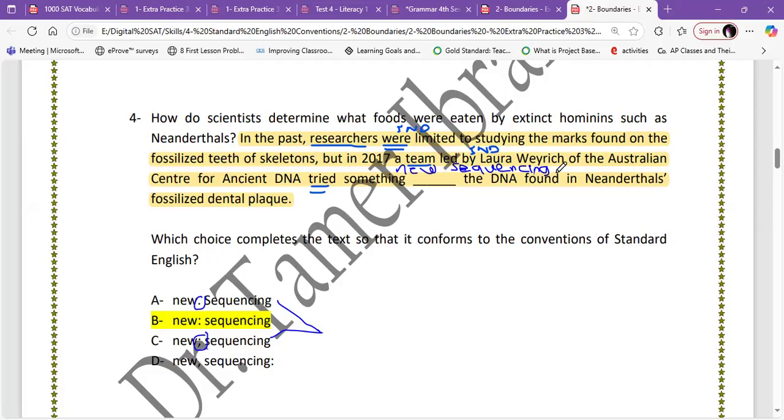Sequencing the DNA found in Neanderthals' fossilized dental plate. What is something new? This is not a modifier to put a comma. This is an explanation. What is new? Sequencing the DNA found in the Neanderthals' fossilized dental plate. So, colon. Clear, Aisha? Yes, Mr. Clear, Rahaf?